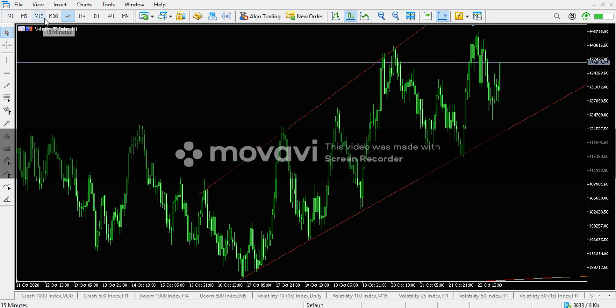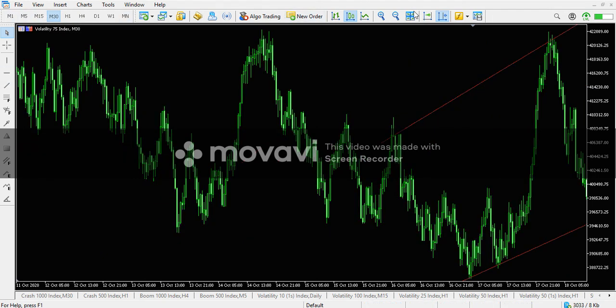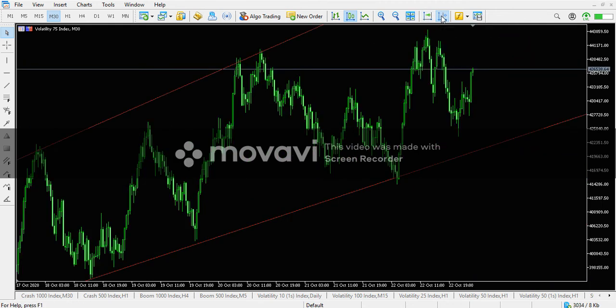Let's see the 30 minutes time frame. What can we see? Okay. It came here, it came towards the side, an indecision candle, then it changed direction. So once you see this long pin bar, you anticipate your entry.